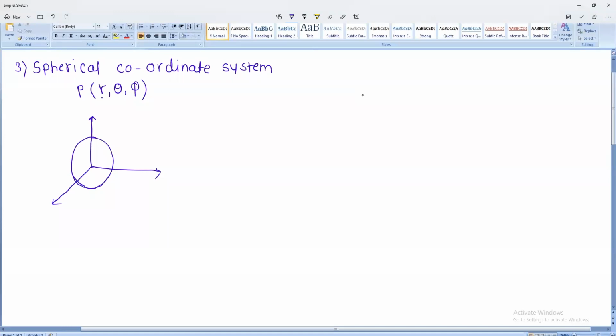Okay. So consider a sphere, and consider this is the center of this circle. Actually in the diagram it's not looking like the center, but consider this is the center. And you draw it in your notebook in the right manner, with this origin as the center having coordinates 0, 0 and 0.